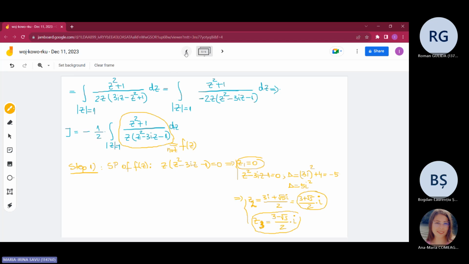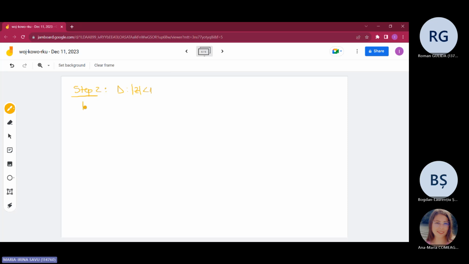The condition of delta is taken from here, putting less than instead of equal. And you have to compute the module of each of these points. Module of z1 is module of 0, which is 0, which is less than 1. So z1 is in D, or delta, it doesn't matter.